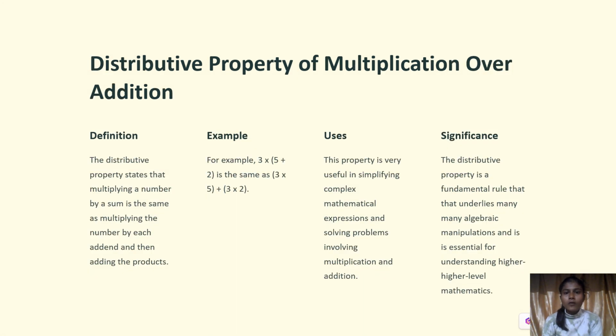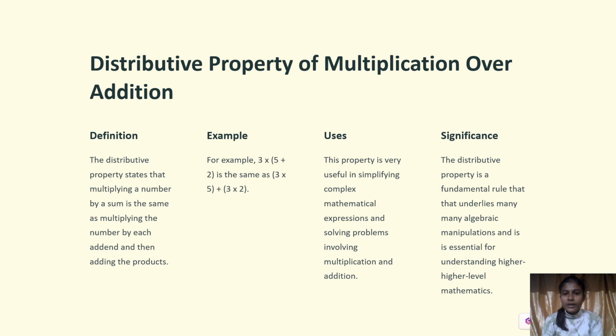Distributive property of multiplication over addition. Definition. The distributive property states that multiplying a number by a sum is the same as multiplying the number by each addend and then adding the products. For example, 3 into (5 plus 2) is the same as 3 into 5 plus 3 into 2. Uses of distributive property of multiplication over addition.